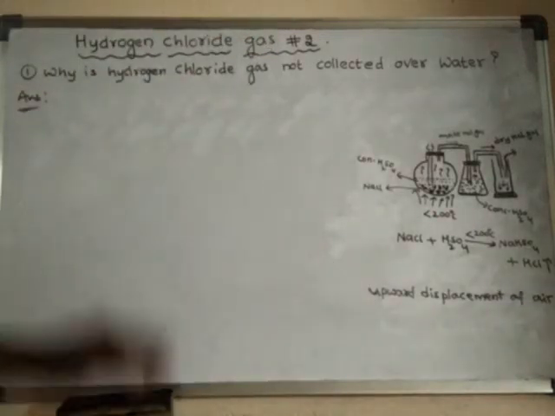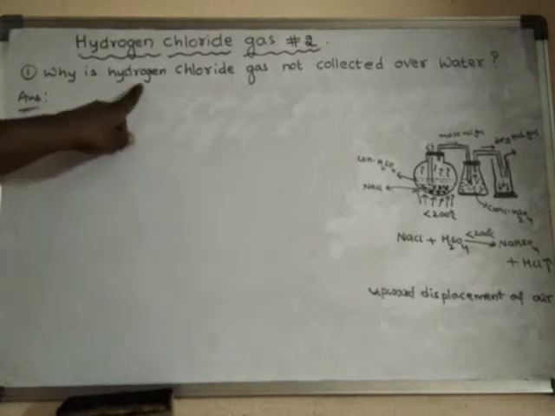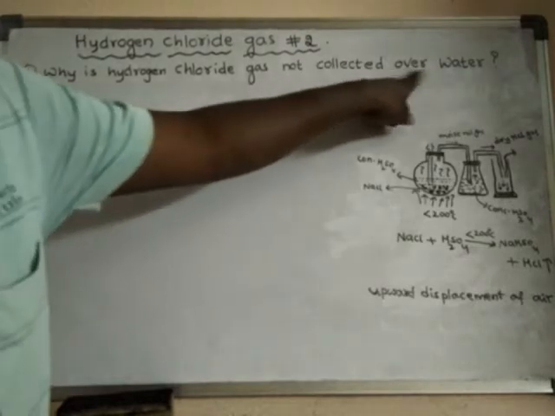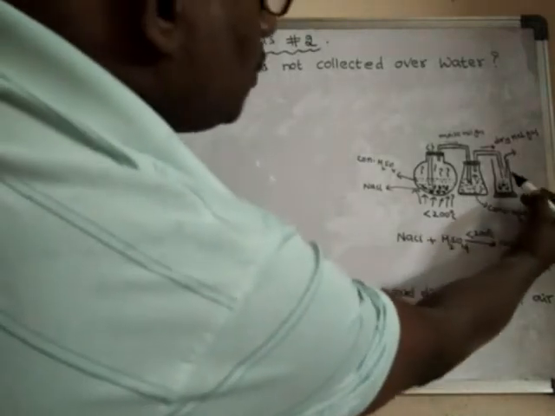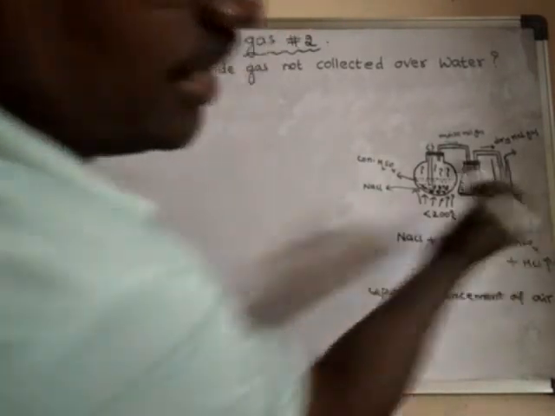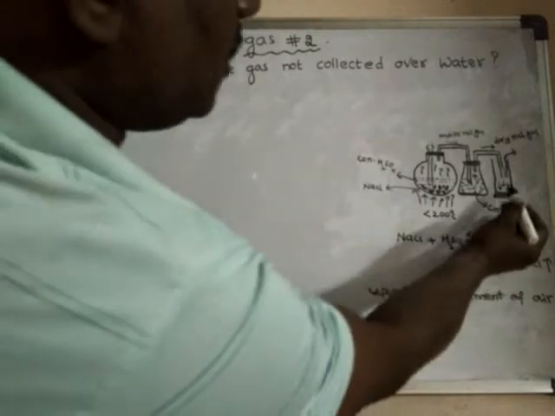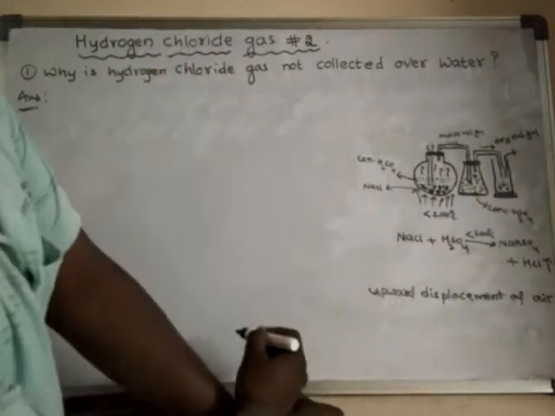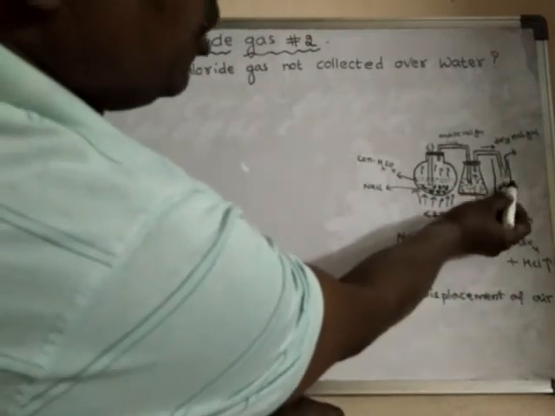Now the question is, why is hydrogen chloride gas not collected over water? Here hydrogen chloride gas is collected in air. This is a gas collecting jar, and it has only air in it.